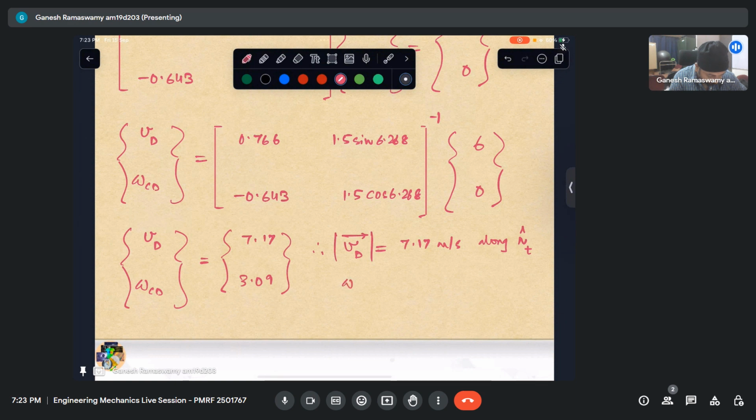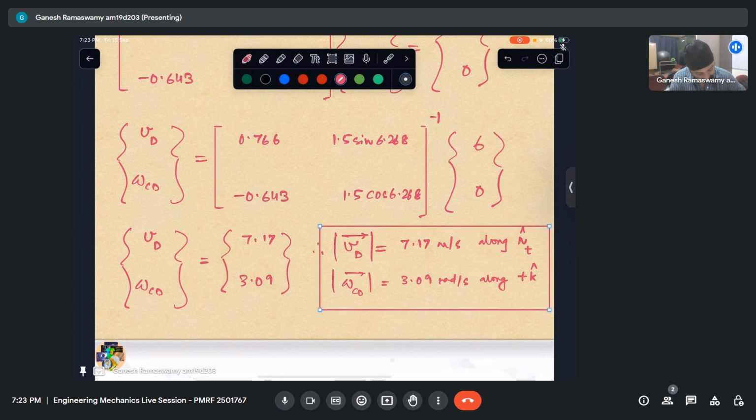And since we took the anti-clockwise direction, we have got this as 3.09 radians per second along positive k. So these two we have solved.